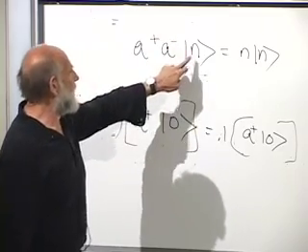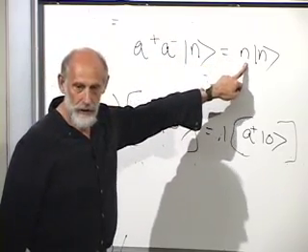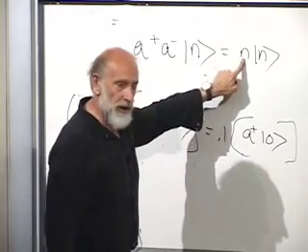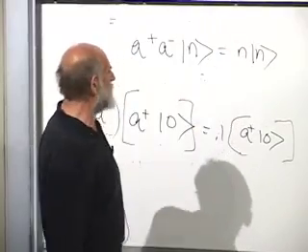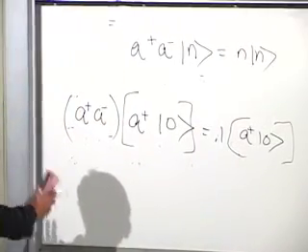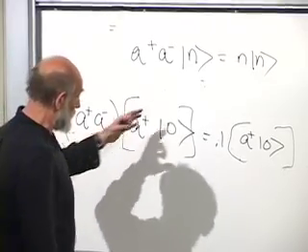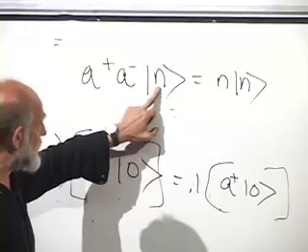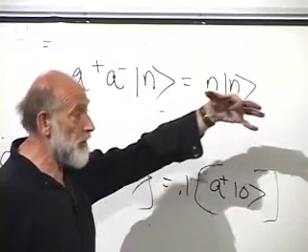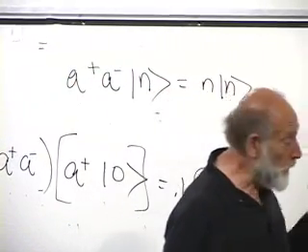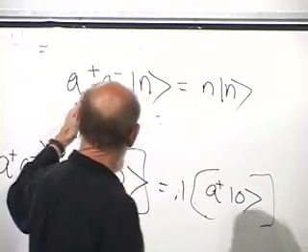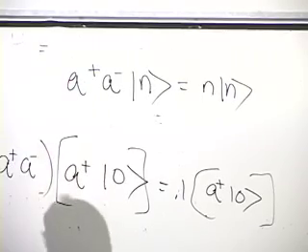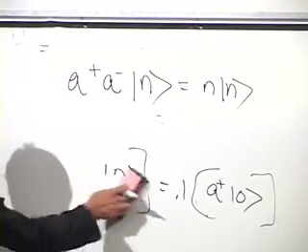But at the moment, I have no need to assume n is an integer. It's just a number. This is an eigenvector, and here is its eigenvalue by definition. It may or may not be an integer. Supposing we have found one. Now, we found two such things already. We found one in which n is equal to 0, and we found one in which n is equal to 1. And they were related to each other by increasing n by applying A plus. This is very general. Let's see if we can see why.